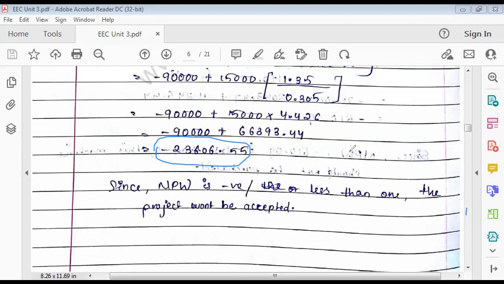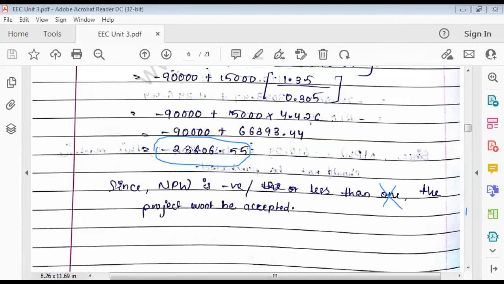Since NPW is negative or less than 0, the project won't be accepted, or you can write the project should be rejected. But did you understand why did you reject the project?